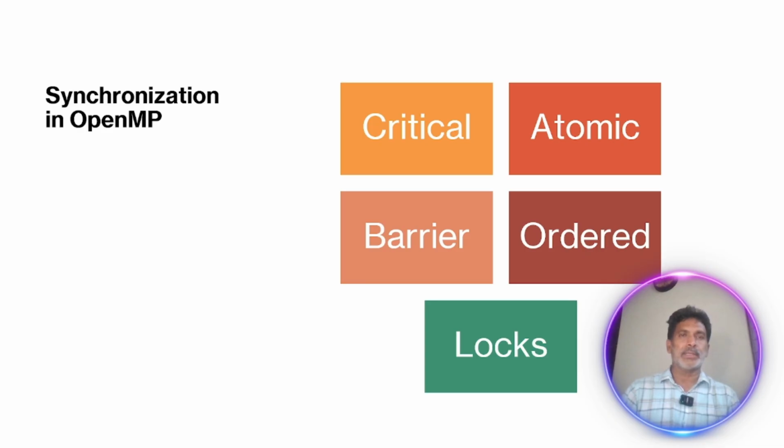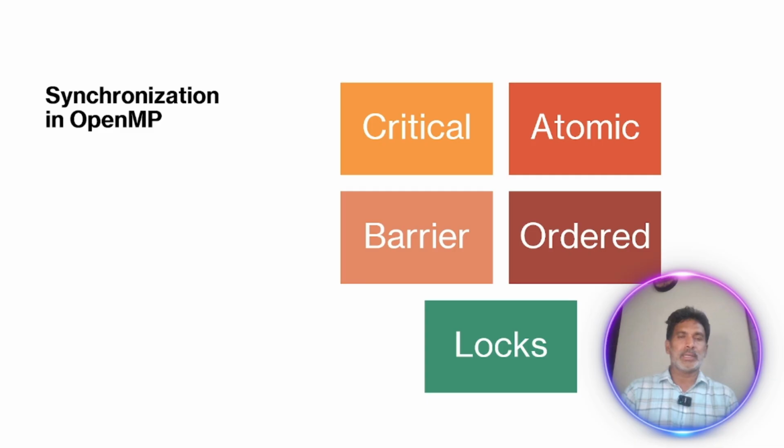To prevent these issues, synchronization mechanisms are used. Synchronization ensures that only one thread accesses a critical section at a time, operations on shared data are performed in a controlled and orderly manner, and program results remain correct and reliable.